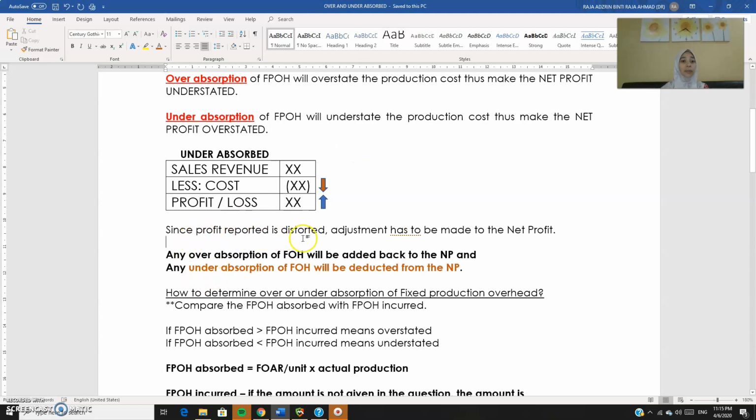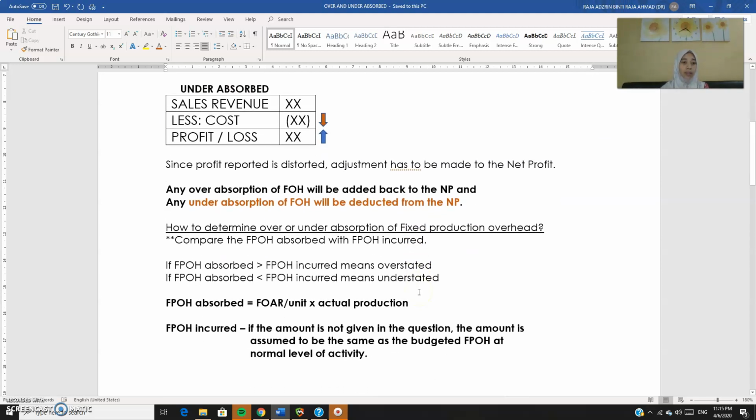Since the reported profit is distorted, you need to do adjustments. An adjustment has to be made to your net profit. So any under absorption of fixed overhead will be deducted from your net profit, and vice versa. If you have over absorption, then you have to add back. Hope you can understand this. So how do you determine the over or under absorption of fixed production overhead?